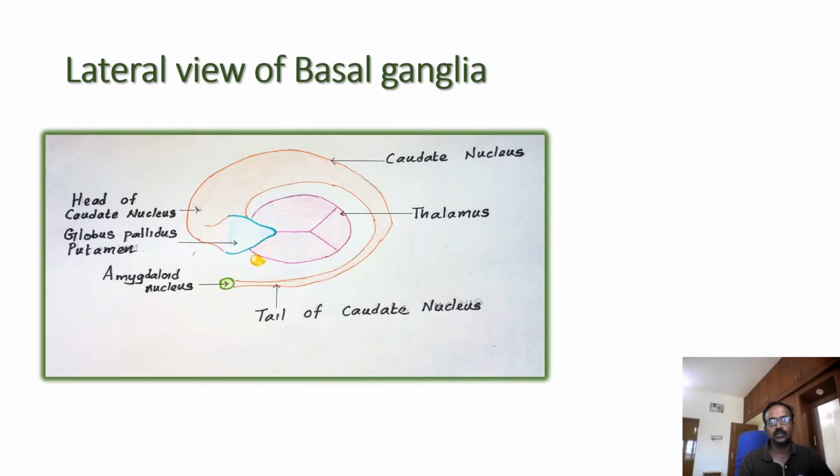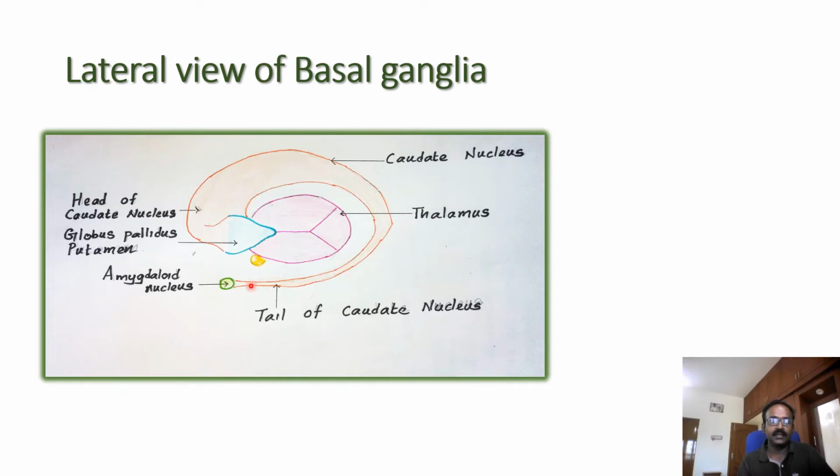This image shows the lateral view of basal ganglia. This comma-shaped structure is called the caudate nucleus. There is the head, body, and tail.